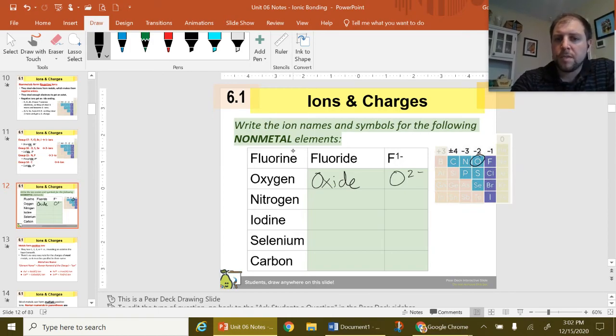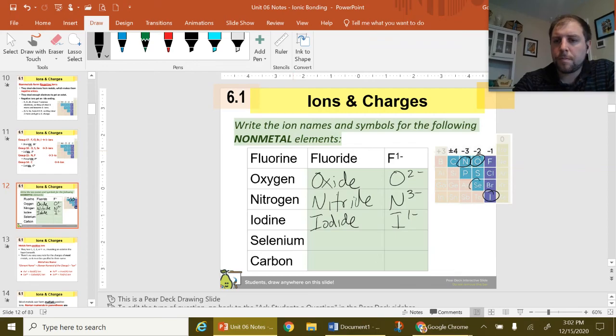Nitrogen, here it is right here, becomes nitride. Its symbol is N3 minus. Iodine, here it is right here in this column, becomes iodide. It is I1 minus.